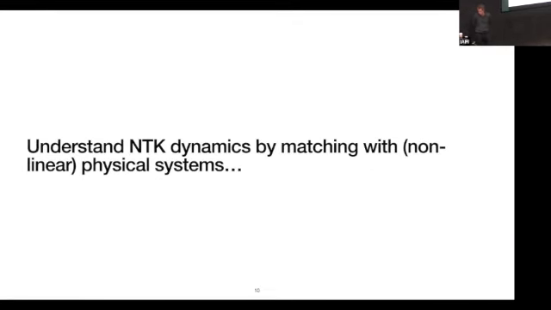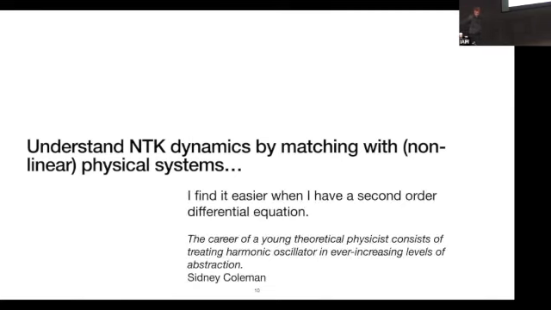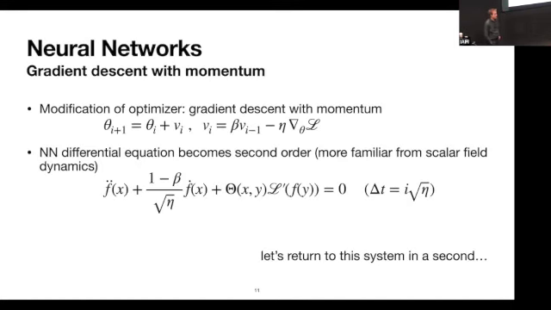Now I want to understand this and match it with physical systems. To do this, I don't like to think about first order systems. I like to think about a second order differential equation, which is easier for me. And this can be done: if you look at the update equation in the case of adding momentum, you end up with a second order differential equation, written here. So I can ask, where in physical systems do I actually see this?